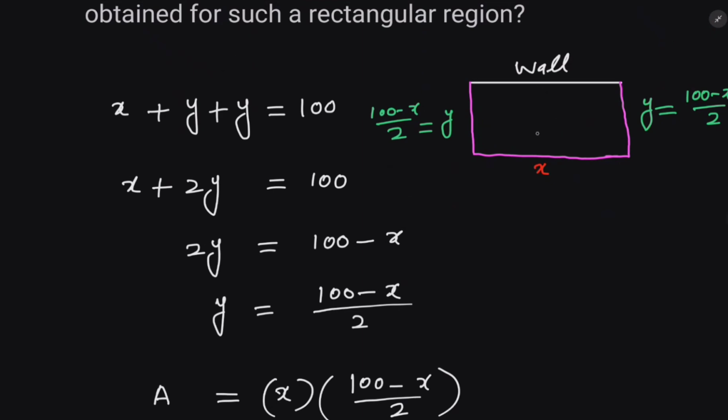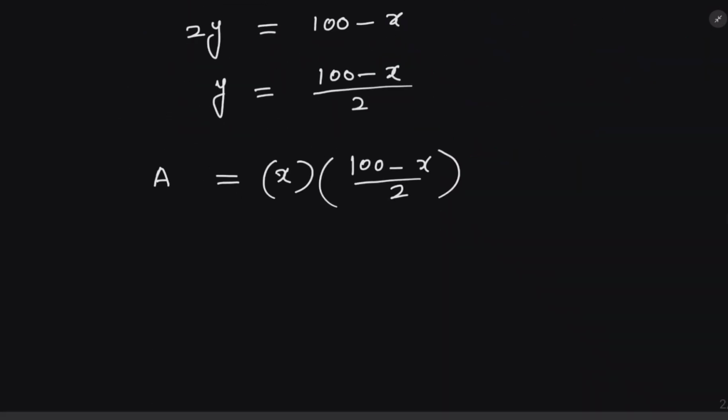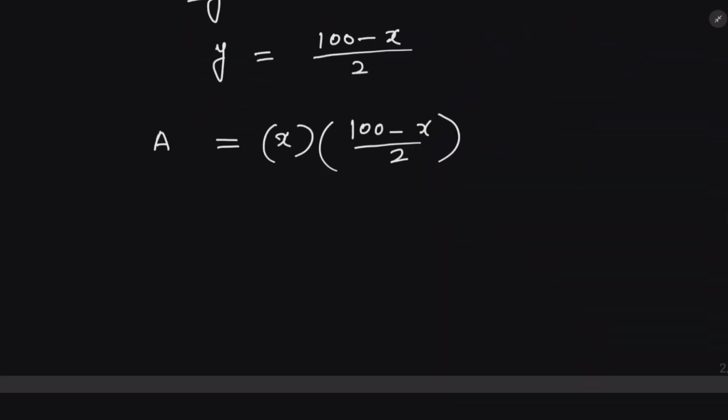The length of the wall is also x, so that's how we get the area. Multiplying these two, we get minus 1 by 2 x square plus 50x. That's the equation you get.